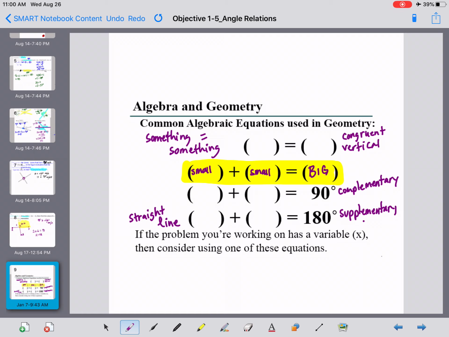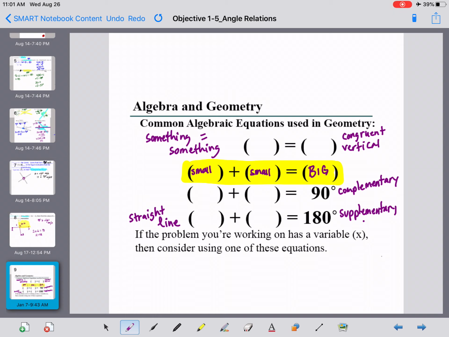that we're just going to keep going back to over and over and over. And when you get stuck on a problem, you're probably going to hear me ask you, are they congruent to something? Do you have vertical angles, congruent segments? I'm going to say, what is it equal to? It's equal to something. Set it equal to that and then solve. Or I might say, well, what do you have here? 2 small pieces and a big piece?